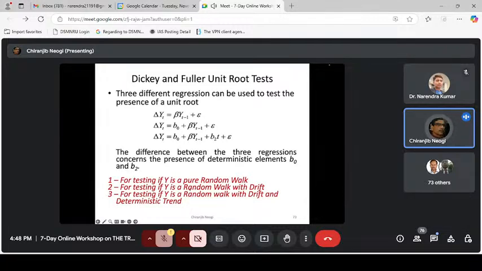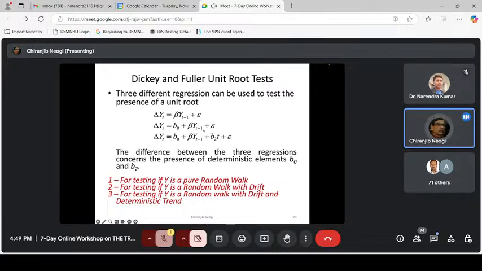Second, for testing if Y is a random walk with drift: if beta is equal to 0, then we have beta 0 plus epsilon t, which is a random walk with drift. Drift means beta 0. For testing if Y is a random walk with drift and a deterministic trend, we use the third one.